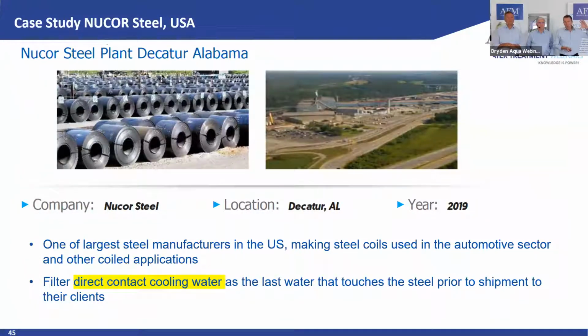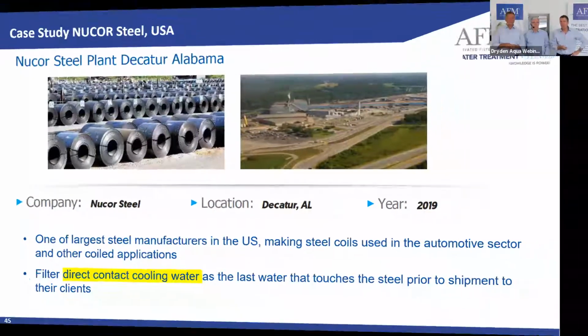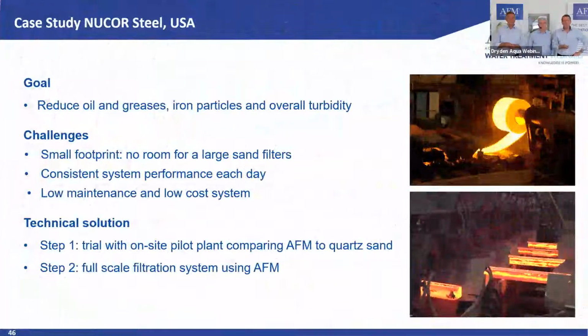So this is water that is sprayed onto the steel that comes out of the last steel mill, sprayed onto these coils to clean it from grease, oil, any metal particles. And it's actually the last cleaning process before it's shipped out to the customer. So very important. The goal was to reduce oil and grease, iron particles, and overall turbidity of the system.